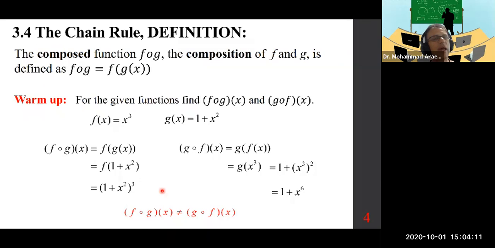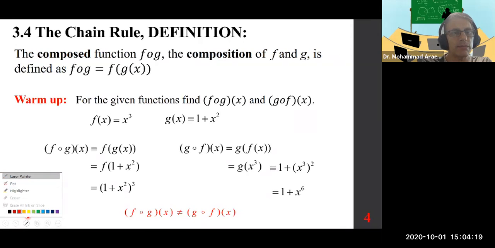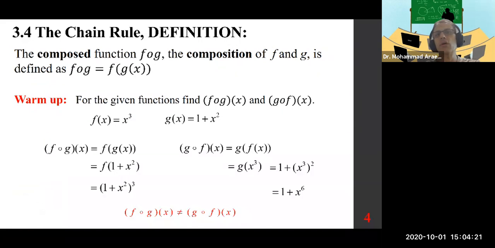Now, the only thing I want to add, generally speaking, f of g is not equal to g of f. Anybody remembers when they become equal? When is it that f of g equals g of f? Anyone remembers that? If two functions are inverse of each other.